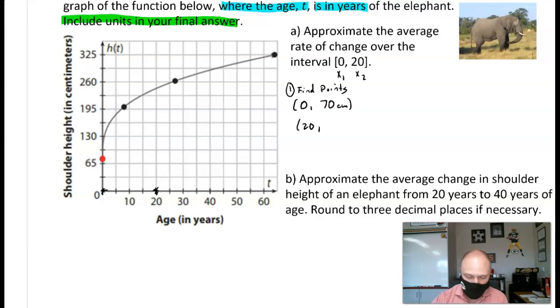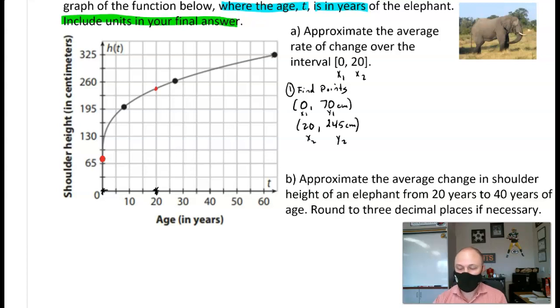And then at 20, the point is right here, and I'll say 245. Okay, so this is x1, so this must be y1. It's the y value at that x value. Then this is x2, so the corresponding y value will be y2.